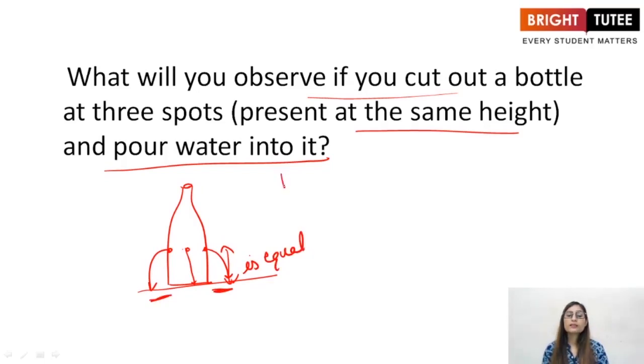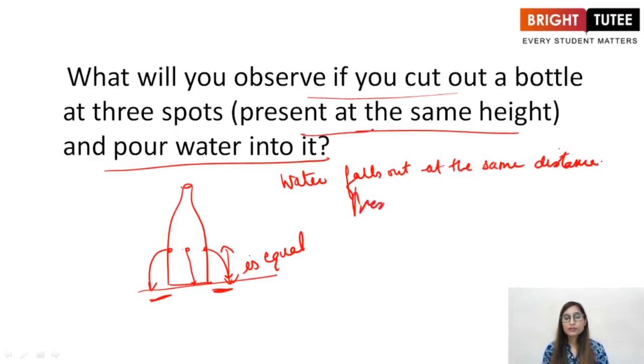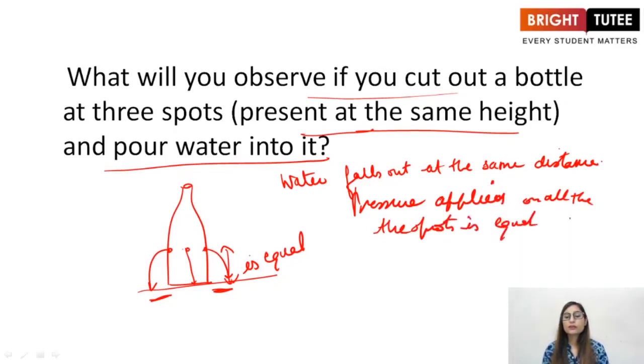So basically, the water falls out at the same distance, and this tells us that the pressure applied on all the 3 spots is equal because their depth is equal.